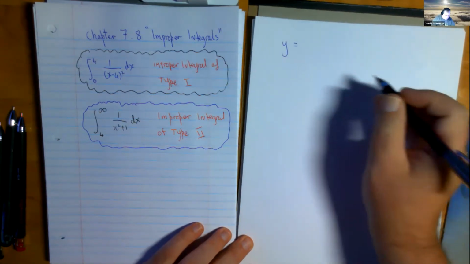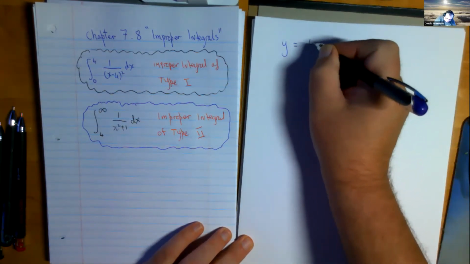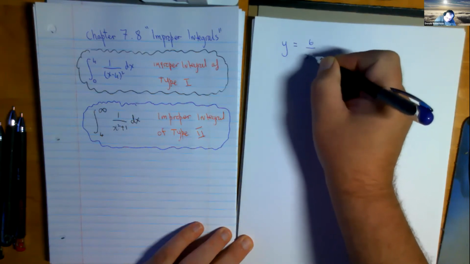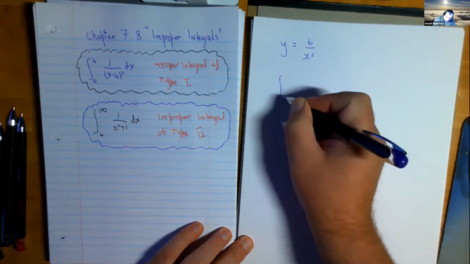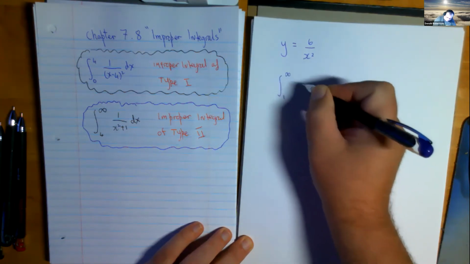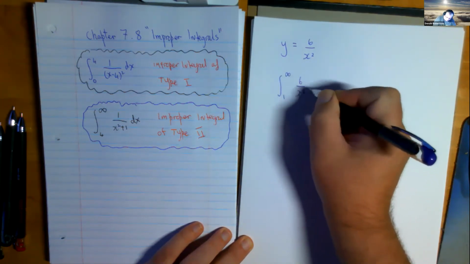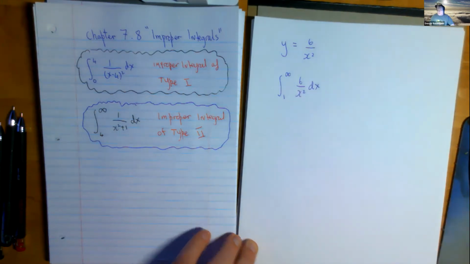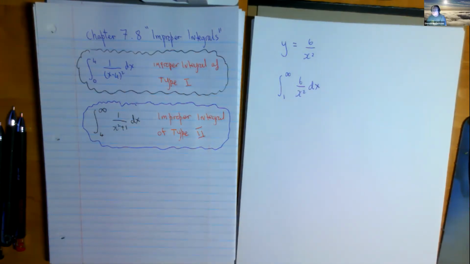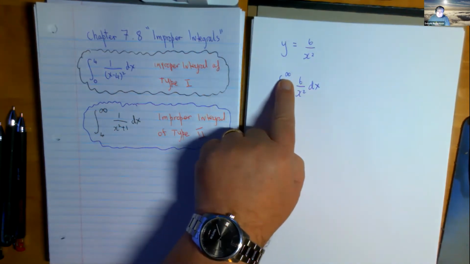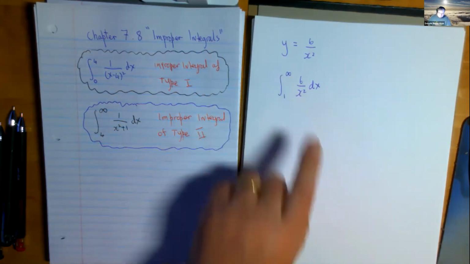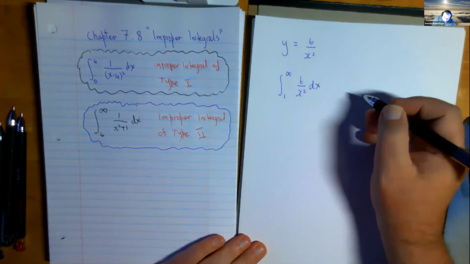Suppose I'd like to know for that function whether or not the integral from 1 to infinity, what it's equal to. So we know this is type 2 because it has an infinite in one of the limits of integration.